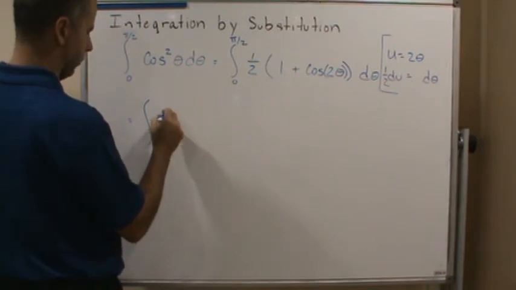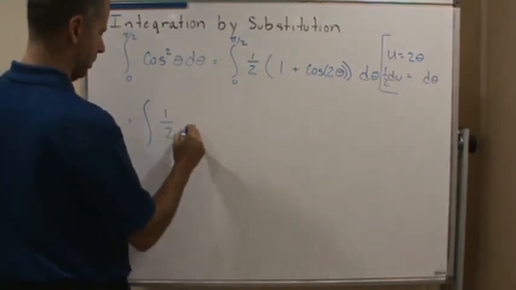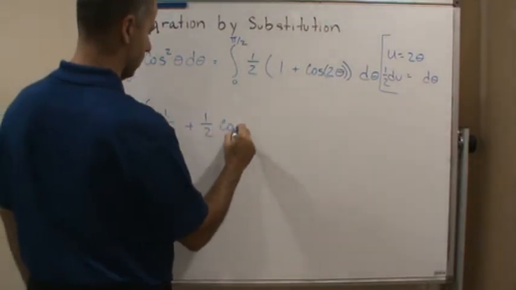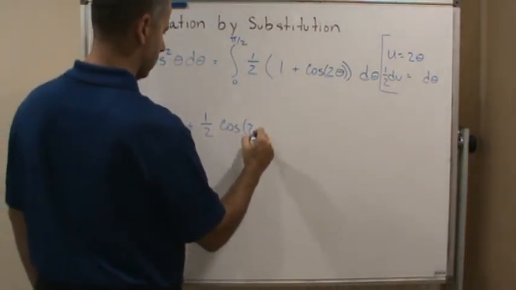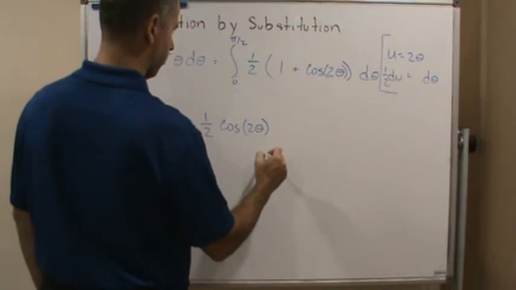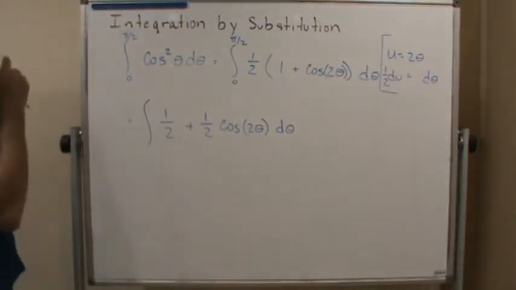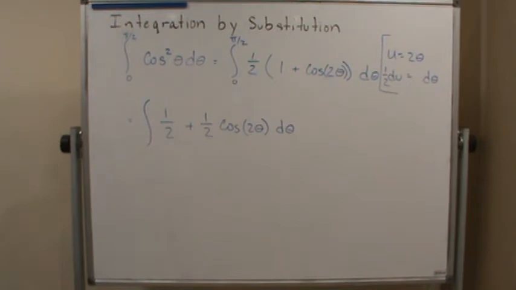So this is going to be 1/2 plus 1/2 cosine 2 theta d theta. Okay. No problem there, right?